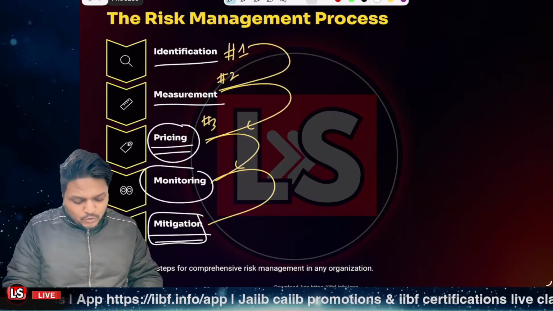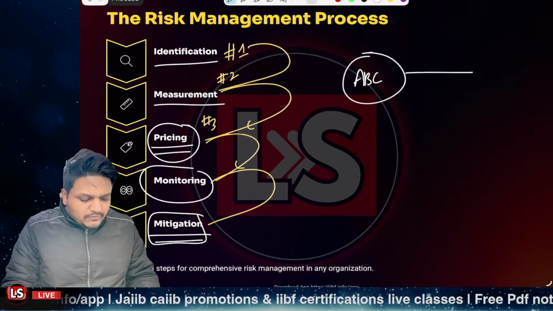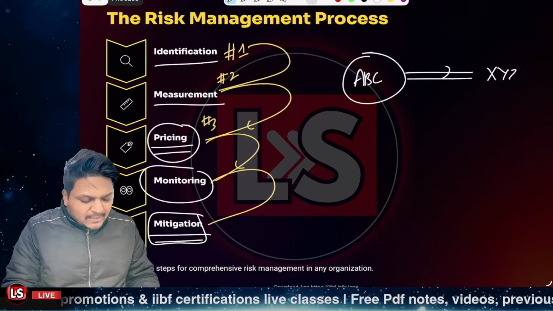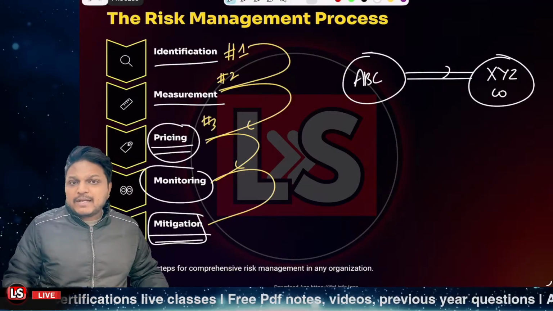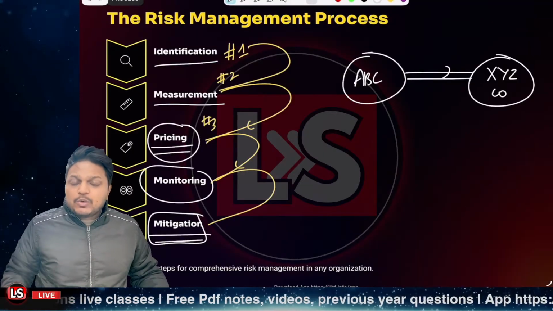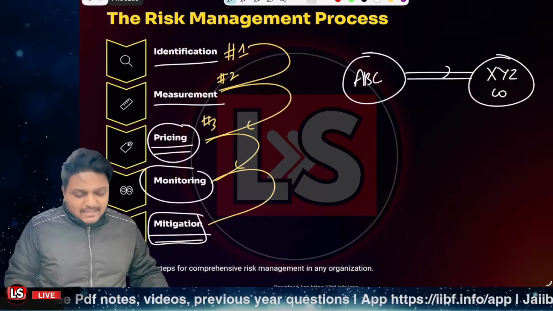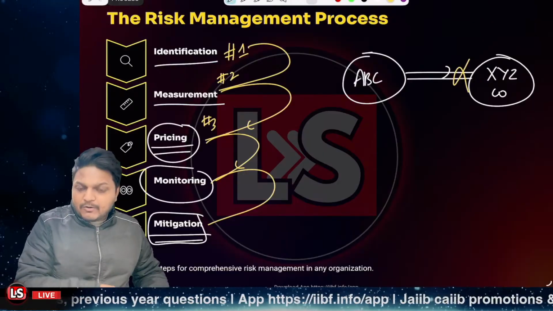In the same scenario, let's take the case that ABC bank is going to give a loan exposure amounting to rupees 10 crore to XYZ company, right? But now ABC bank is in doubt that due to any defaults or instances, the amount may be defaulted by XYZ company.